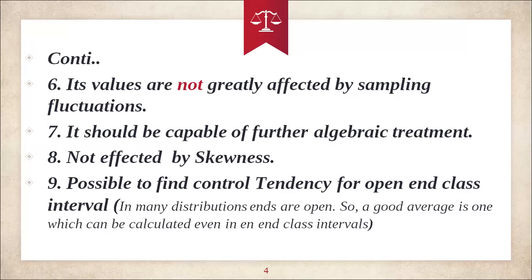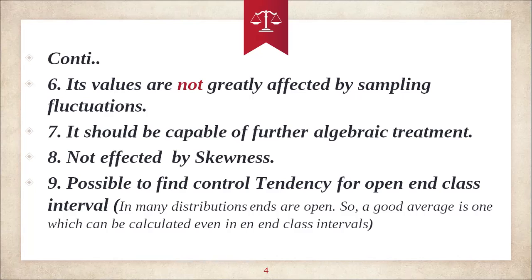Then the ninth property: possible to find central tendency for open-end classes. When we are calculating averages using a continuous series, we have classes like 10 to 20, 20 to 30, 30 to 40.